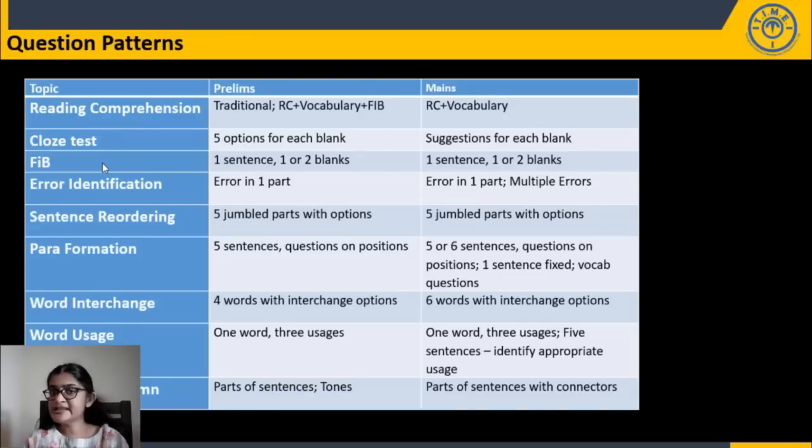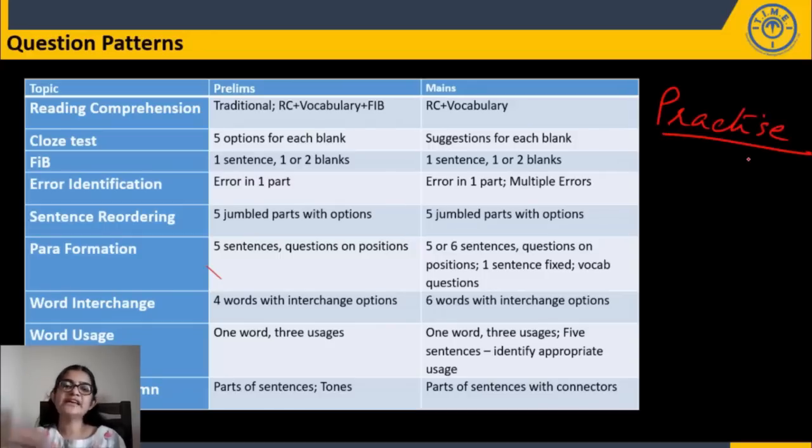Now, having said that, I must also emphasize one thing: practice makes perfect, because there is a problem of time limit, right? So while we may tell you that the exact question pattern does not matter, it is also very, very important for you to look at the previous patterns, get familiar with all the patterns, and practice as many questions as you can.